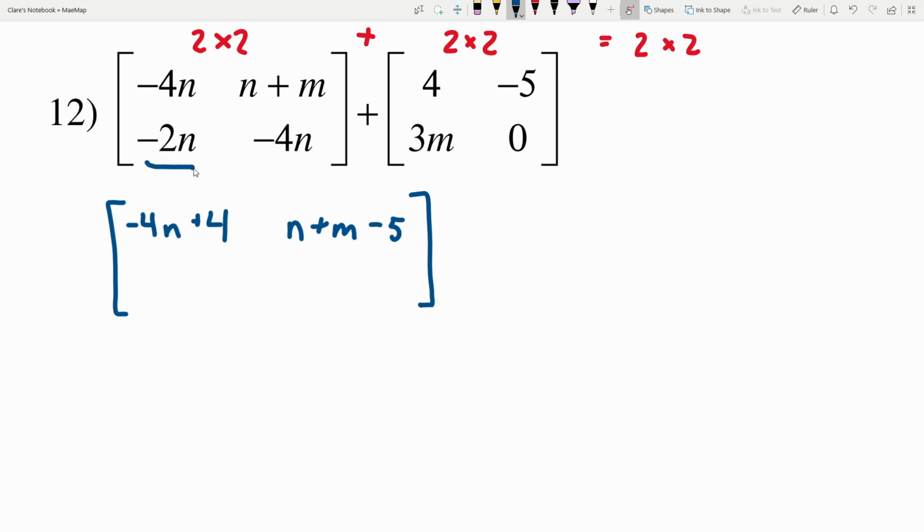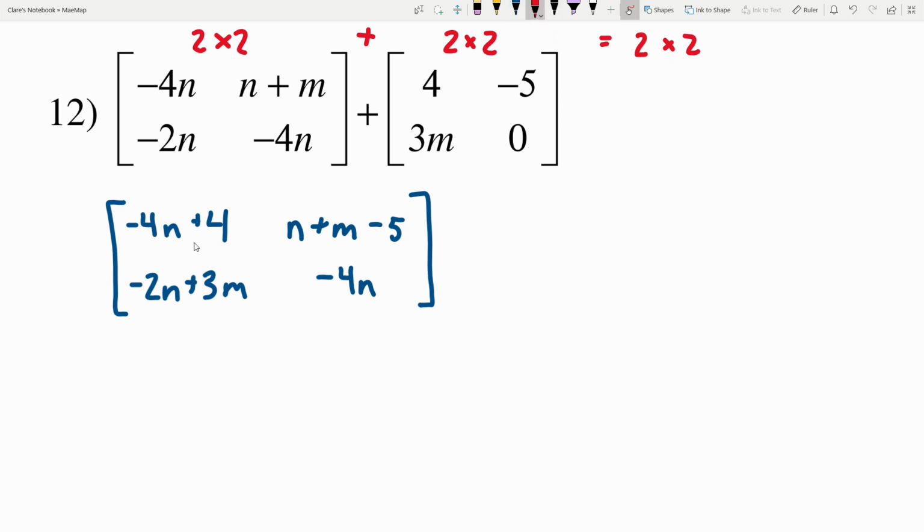So I have negative 2n plus 3m, second row, first columns added together, negative 2n plus 3m, and then adding the second row, second columns together, that's negative 4n plus 0, which is just a negative 4n. And that's my solution because there's no way to simplify this down.